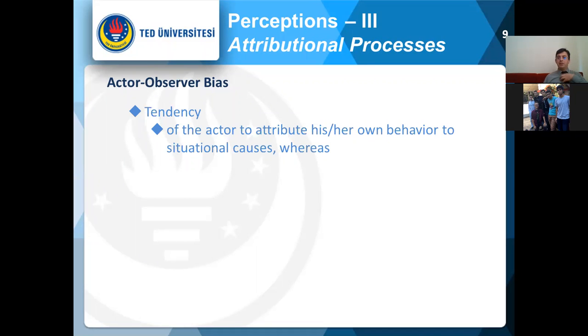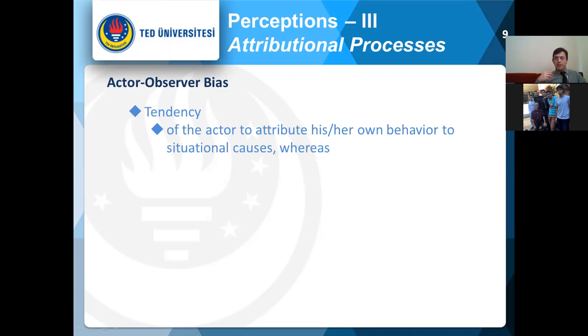So when I am the actor, for instance, suppose I am in interaction with an interaction partner, saying good words to her, praising her, in a heterosexual relationship, I am the actor of my own acts, and I attribute my own behaviors to situational causes, especially if they are negative behaviors.